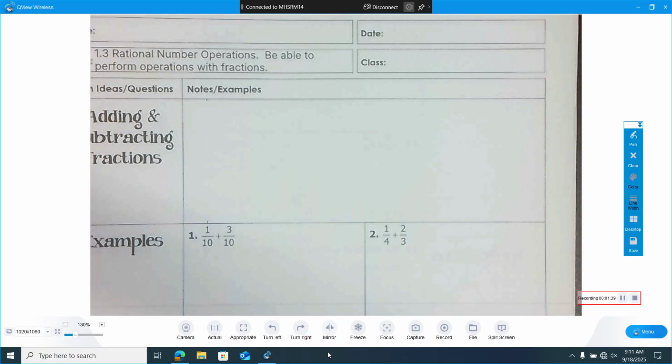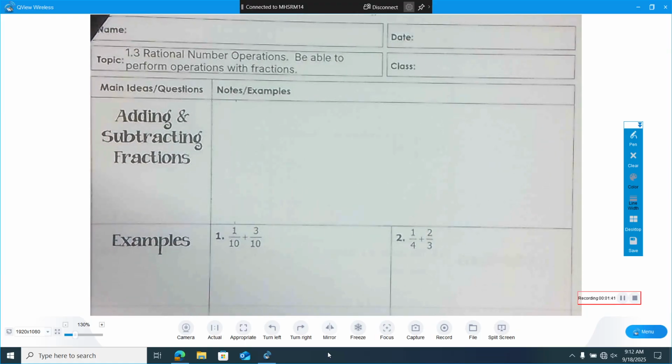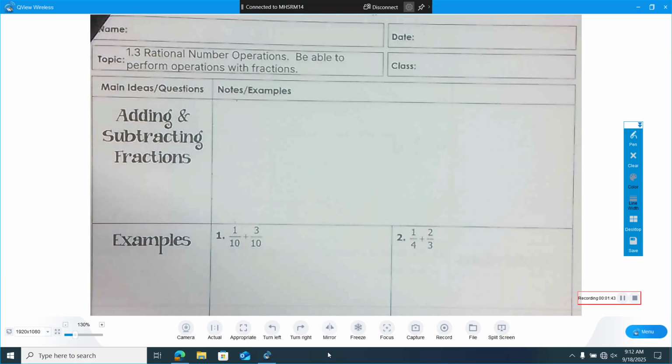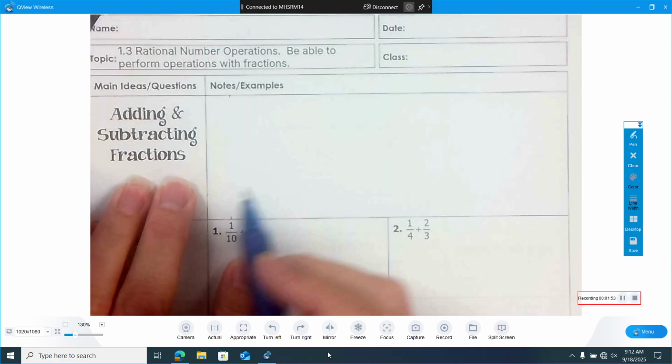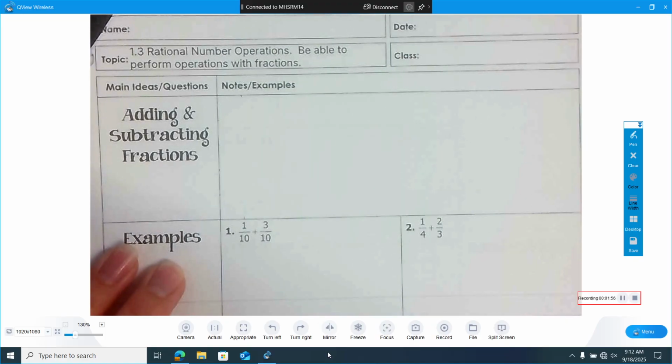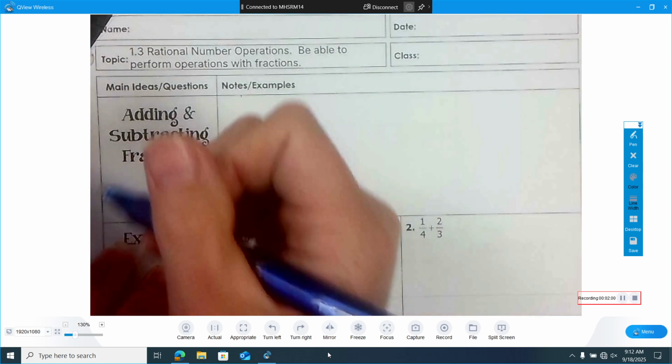Okay, so today we are adding and subtracting fractions. You will want a calculator handy. These numbers got a little bit big, so a calculator was handy. In order to add and subtract fractions, what must you have? Common denominators. Thanks, Easton, for raising your hand.